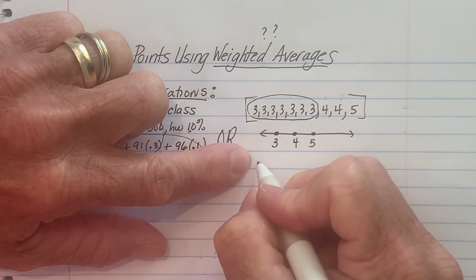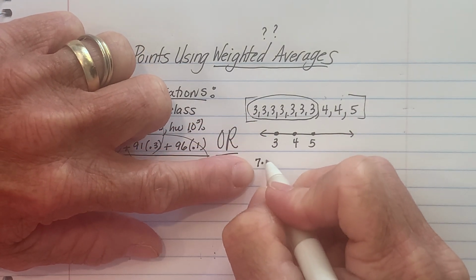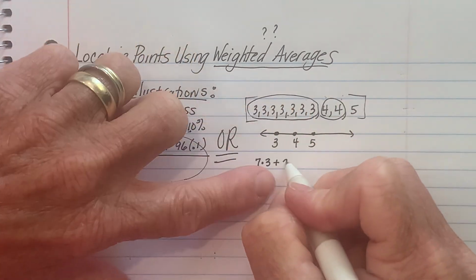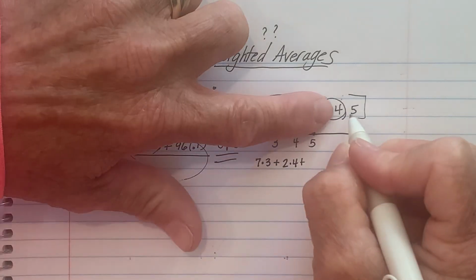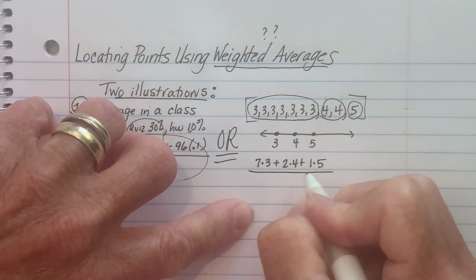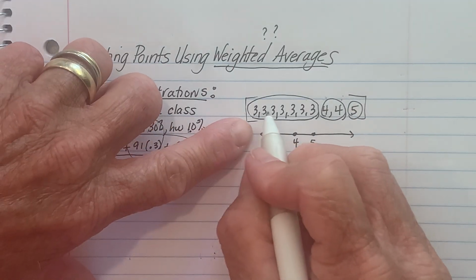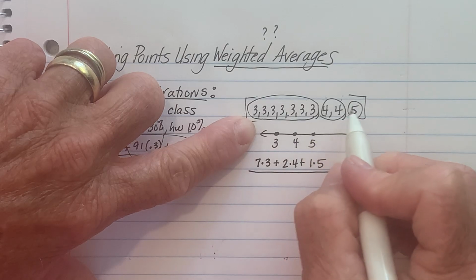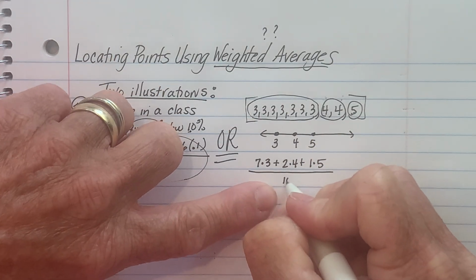In fact, there are 7 of the threes, 7 times 3. There are 2 of the 4s, 2 times 4, and there's only 1 5, 1 times 5. And when you average that, you're going to divide by the total number of values that you had. If you add 7, 2, and 1, we would be dividing by 10.